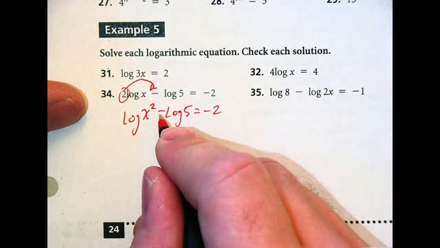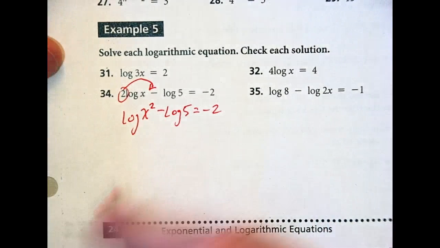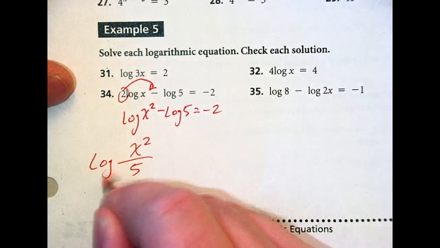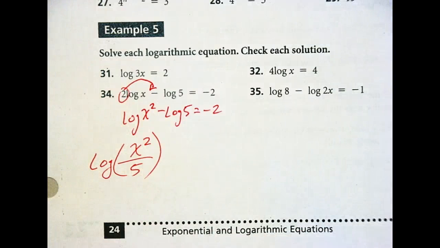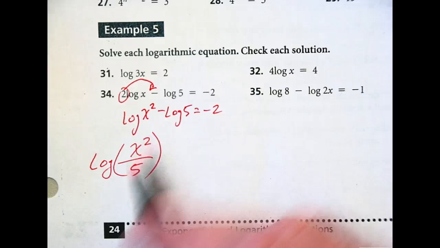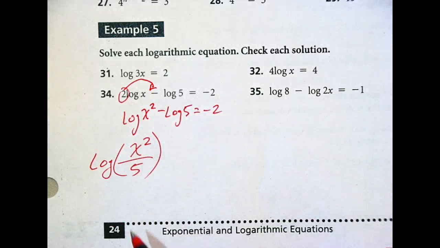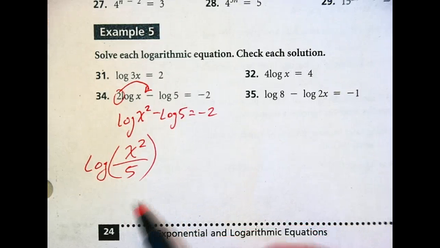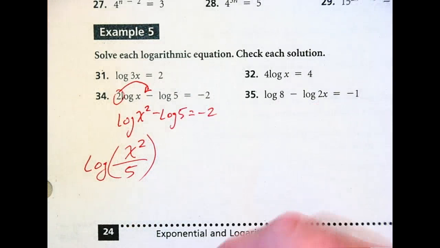So that's the log of x squared over 5. Now that you guys know the change of base formula and the quotient formula, do not mix up the two. Quotient formula, you have log and then you have a fraction. Change of base, you have log on both parts of your fraction. It'd be a common mistake for some people.